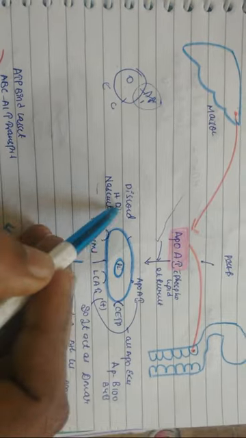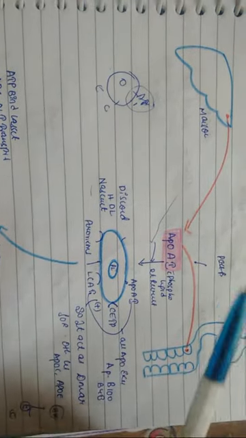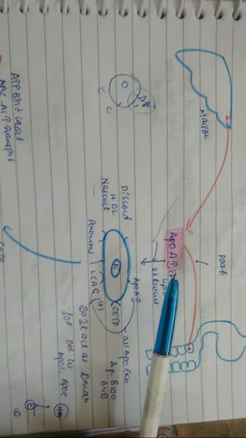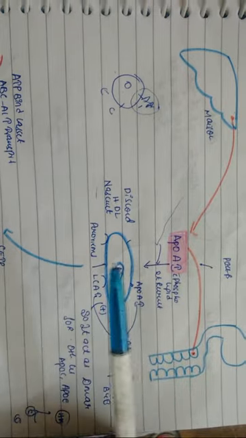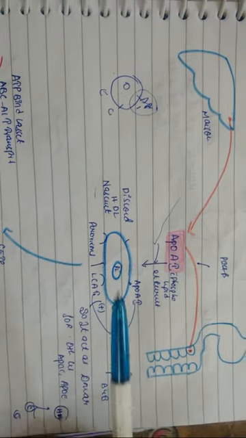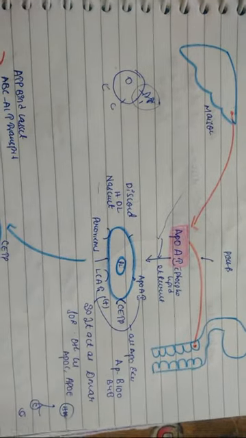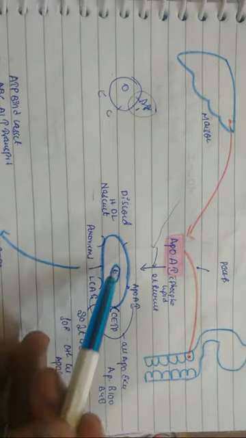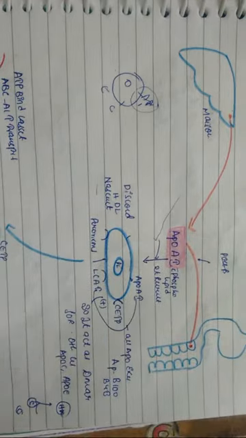We call it discoid because of the flat shape, and nascent because it is newly produced. How is it produced? By the liver and the intestinal cells, which produce ApoA1, and in the blood you have other apoproteins like ApoE and ApoC, along with three enzymes: LCAT, cholesterol ester transfer protein, and lecithin, which we'll be discussing. This is the structure of nascent or discoid HDL, and this is what is written in our notes.